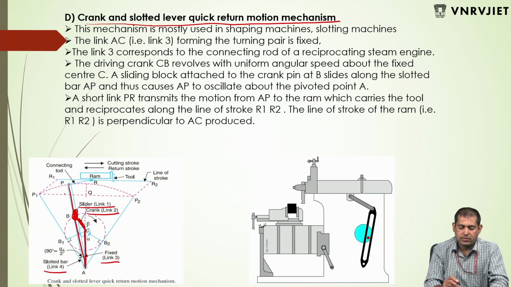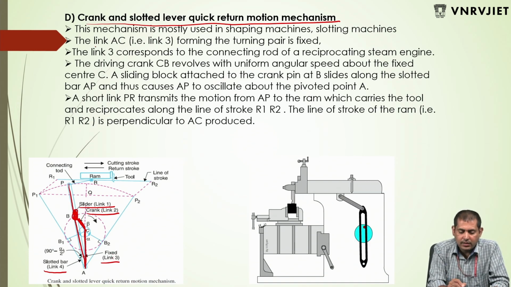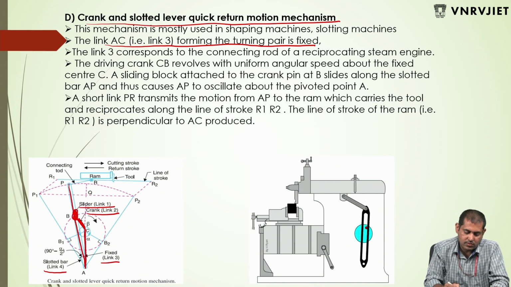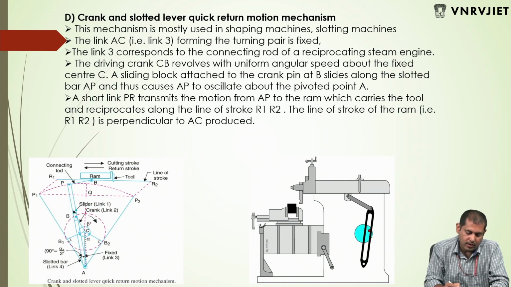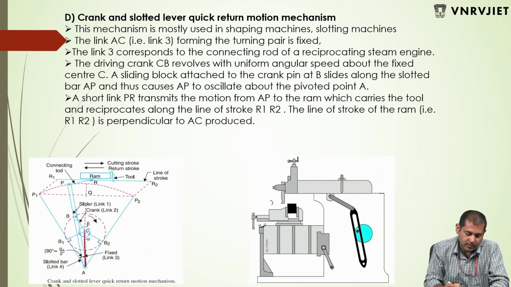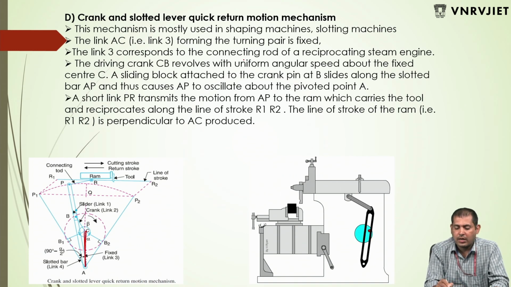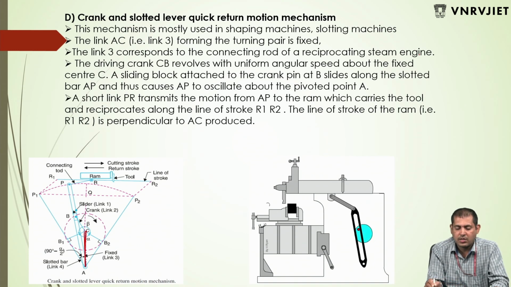How will it work? Let's consider the link AC. Link 3, forming the turning pair, is fixed. Next, link 3 corresponds to the connecting rod of the reciprocating steam engine.